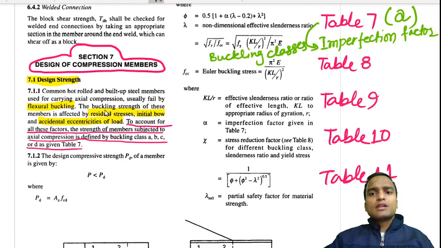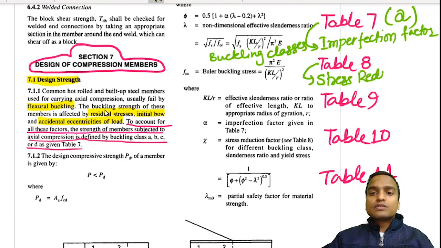Now table 8 is again not very important as such in design, as you will see, but it is generally given for the stress reduction factor.